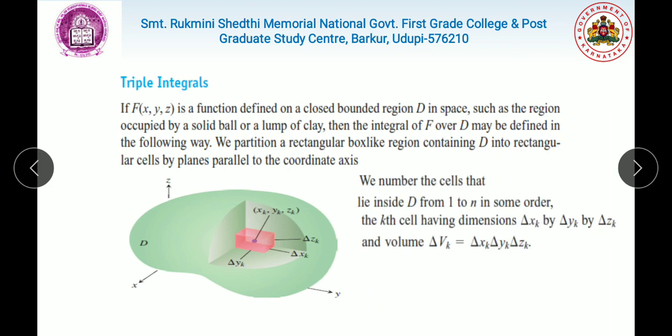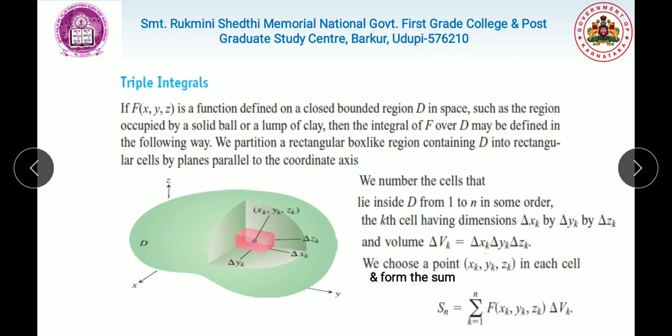We number these cells that lie inside D from 1 to n in some order, the kth cell having dimensions delta xk by delta yk by delta zk, and its volume delta vk is equal to the product of these delta xk, delta yk, delta zk, as shown in the figure.